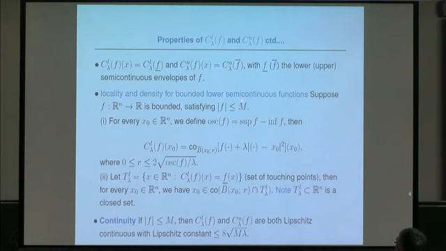So suppose f is bounded, and we define the oscillation of f as sup minus inf. Then the lower transform at x0 is the local convex envelope in the ball with the radius r, which means if you use the convex combination definition of the convex envelope, you can restrict your points to the ball.